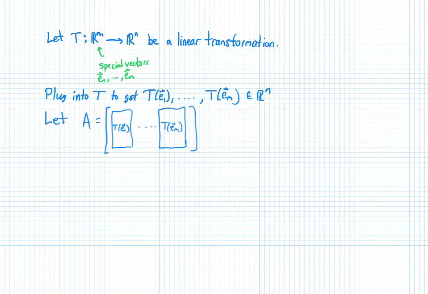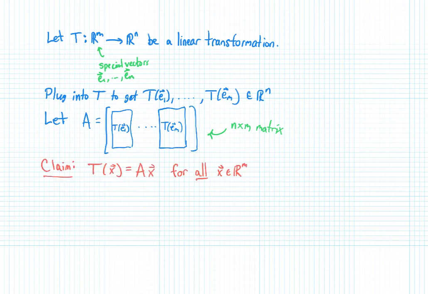So then I can take these vectors and make a matrix out of them, and call it A. This is an n by m matrix because it has n rows and m columns. So my claim is that this is the matrix we were looking for. This is the one that satisfies T of x is equal to Ax for all x. And so that means that T is the linear transformation that corresponds to A.